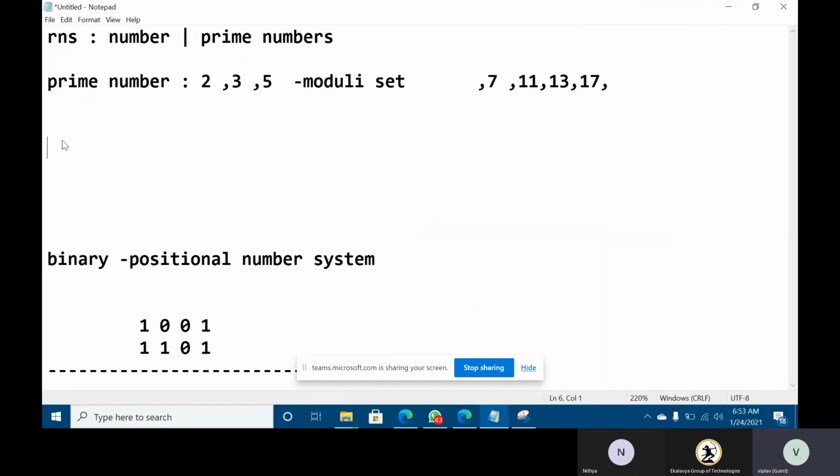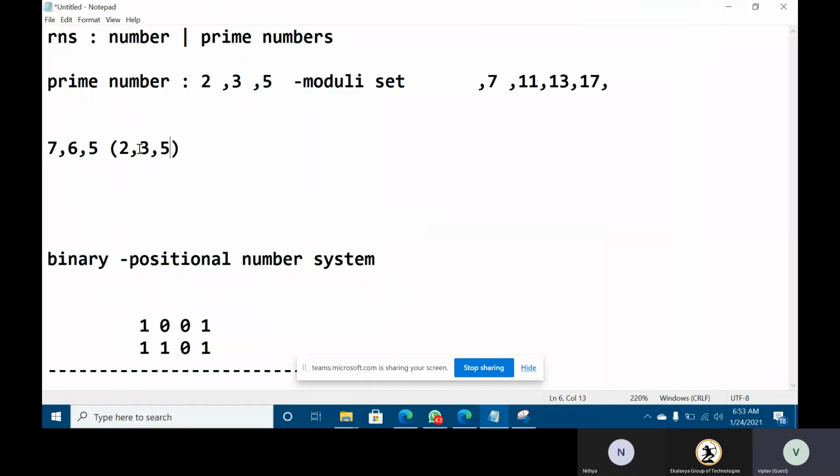Now suppose I have a number 765, and I am taking it with the moduli 2, 3, and 5.